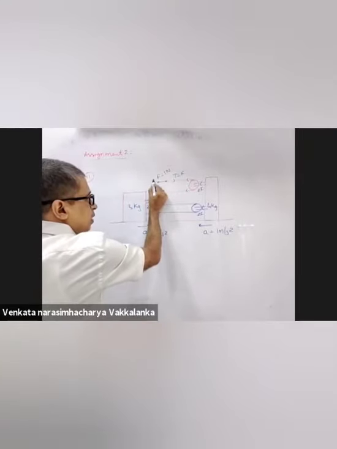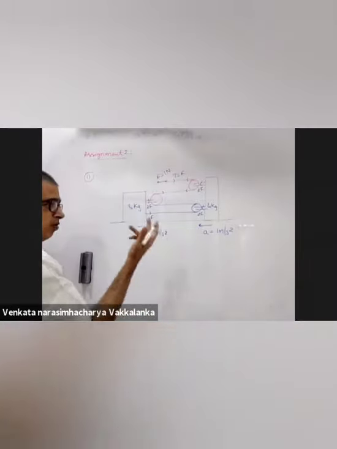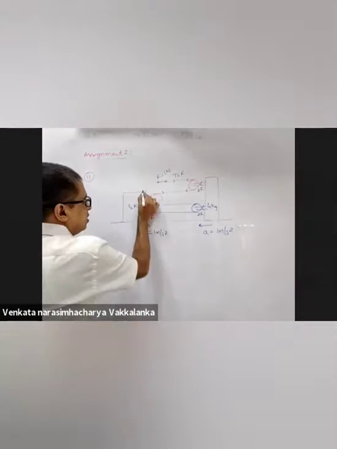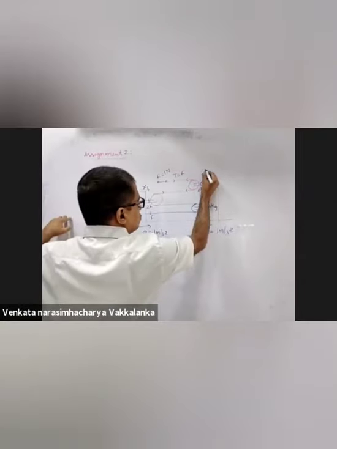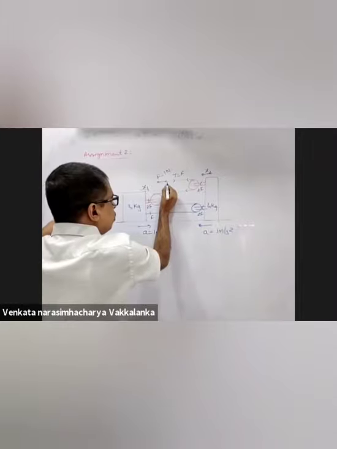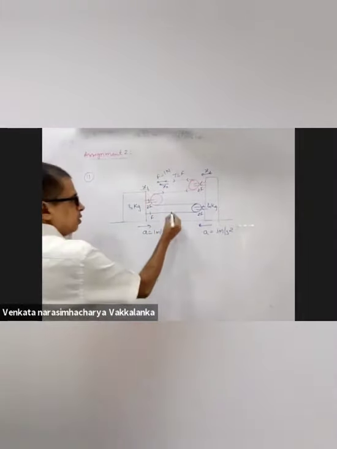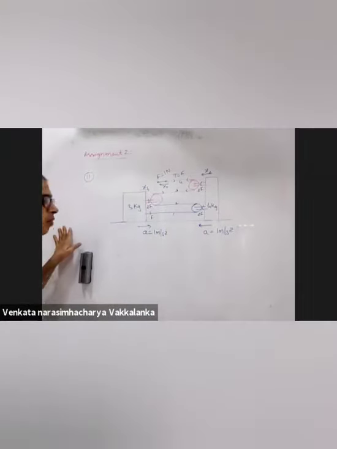This man is pulling in this direction, or let me solve using regular constraints for a change. I take this to be moving towards the right by x1, this towards the left by x2, and this by a distance of x0. Segment 1, segment 2, segment 3, segment 4.